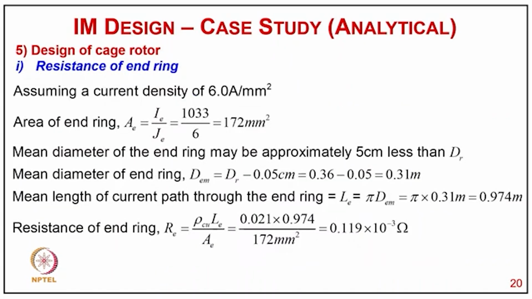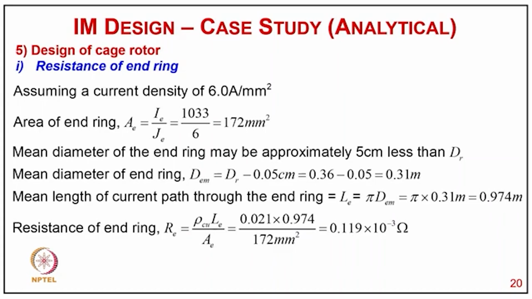Now finding the resistance of the end ring, we again select almost the same current density as we considered for the bar, that is 6 ampere per millimeter square. So the area of the end ring is A equal to I upon J, 1033 divided by 6, that's 172 millimeter square.